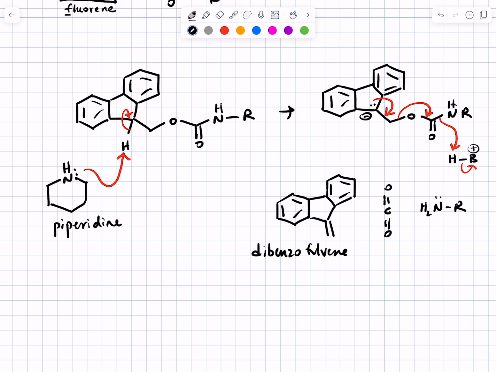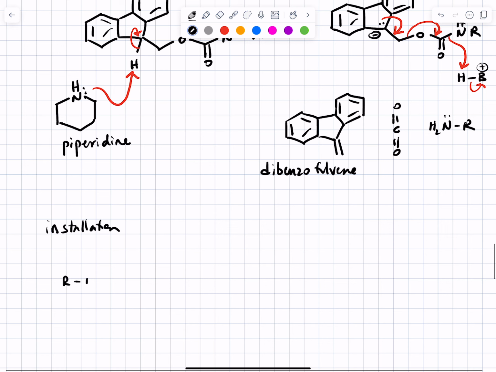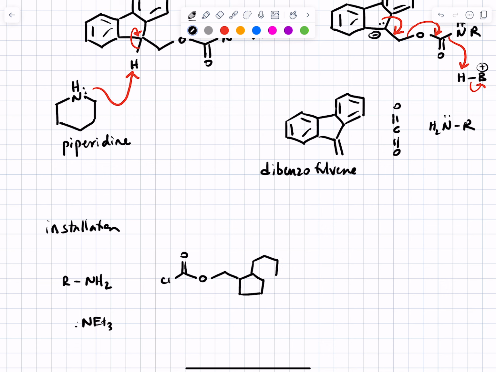Your text will show you how you can install an FMOC group. It's actually pretty easy. You start with an amine. You need a non-nucleophilic base like triethylamine. And then the reagent for doing this is actually pretty simple. There are a couple of them that work, but this is called FMOC chloride.